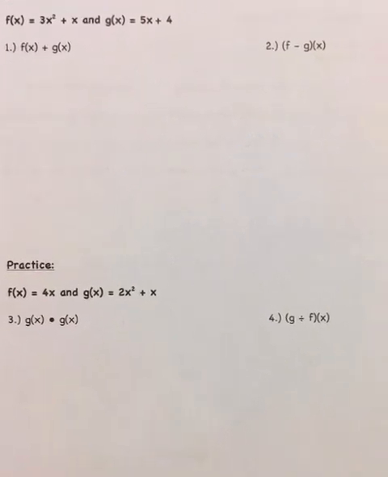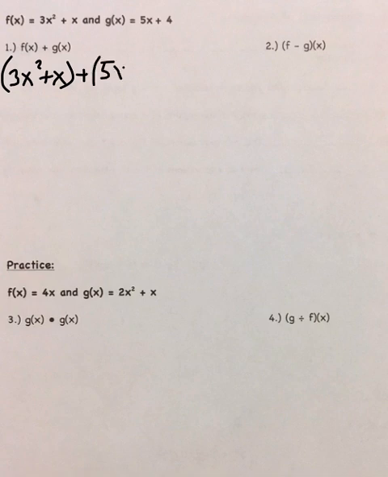So we have 3x squared plus x is f of x. And then we say plus g of x, which is 5x plus 4. Do we have any like terms? Yes, we do. The x and the 5x.